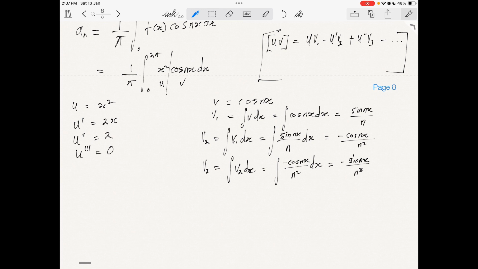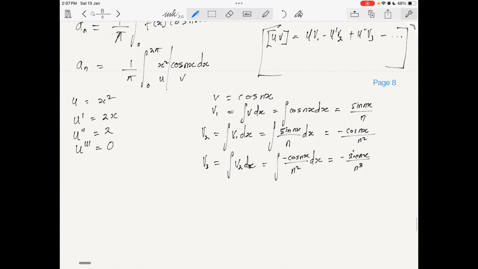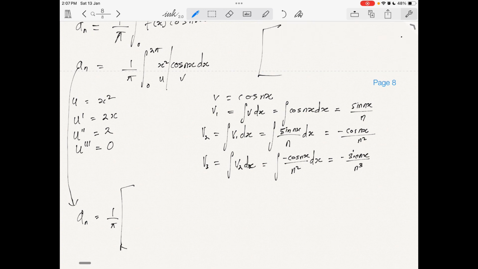So moving on, we continue solving for an, which will be 1 over pi, and we apply this formula to it, where u is x squared and v is cos nx.